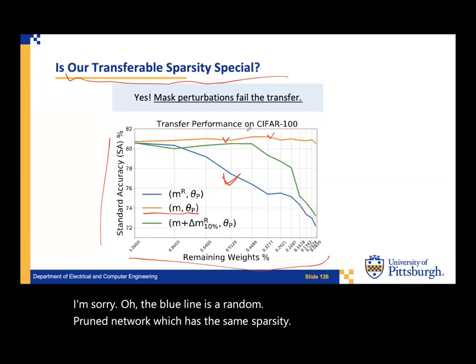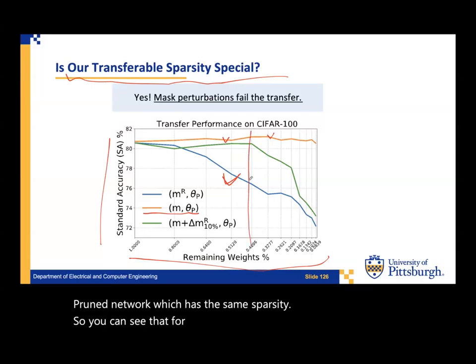So you can see that for any particular sparsity, the blue line is significantly lower.